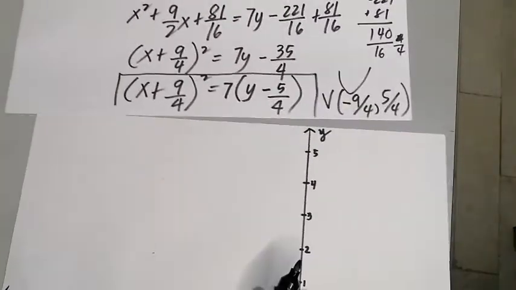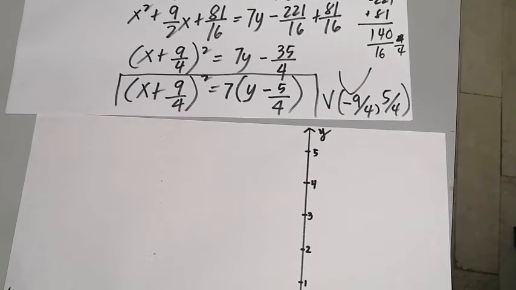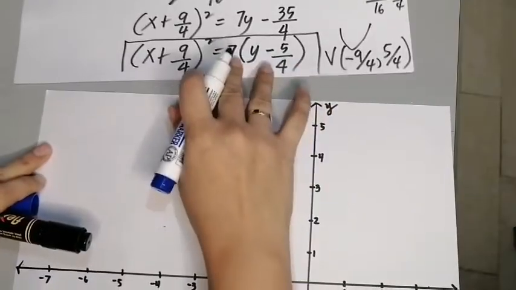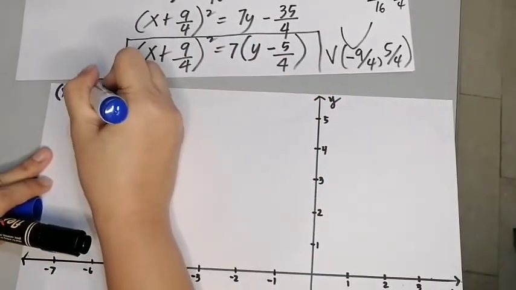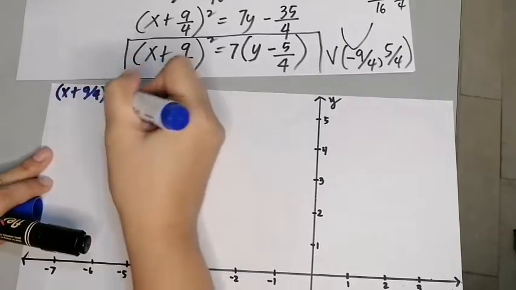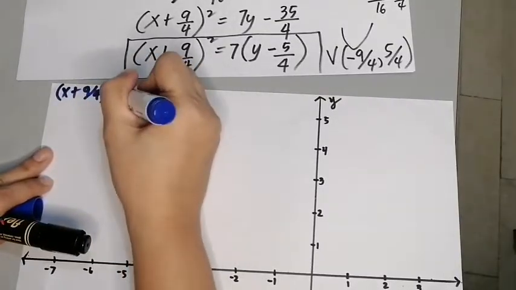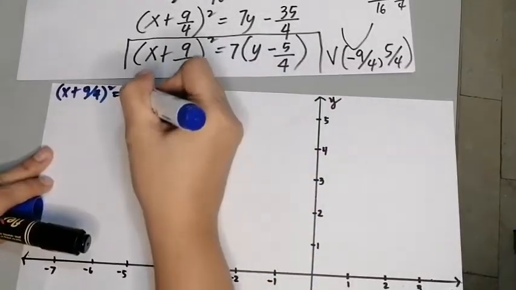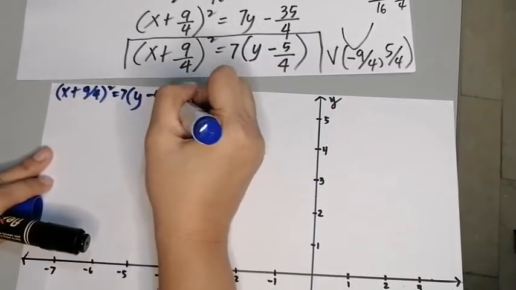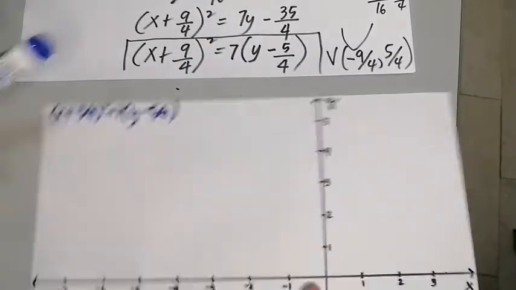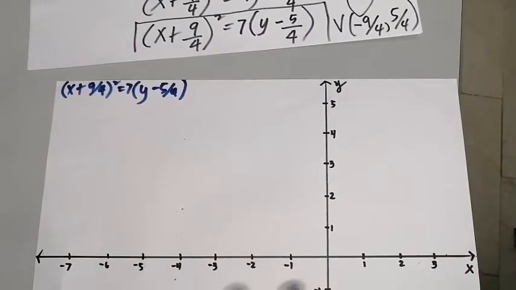Okay, so let us write here again the standard equation. We have x plus 9 over 4 quantity squared equals 7 times the quantity of y minus 5 over 4. That's the equation.